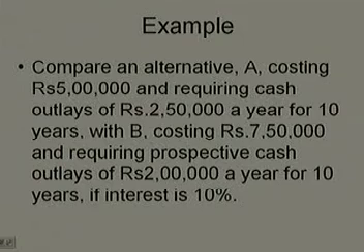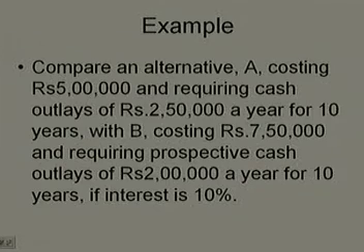Let us take this problem. We have already done this problem using present worth computations, so you must be remembering it. The problem says there are two alternatives. Alternative A costs rupees 500,000 and requires a cash outlay of rupees 250,000 every year for the next 10 years.